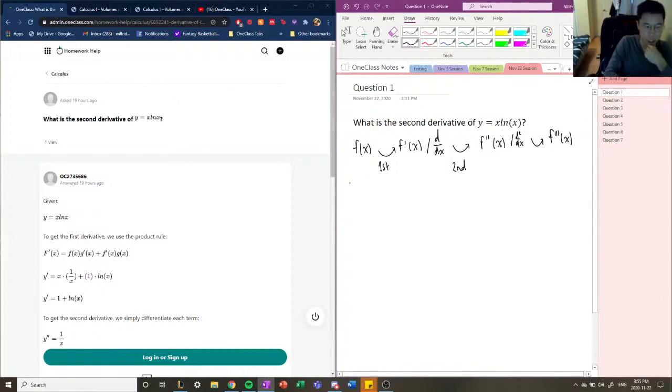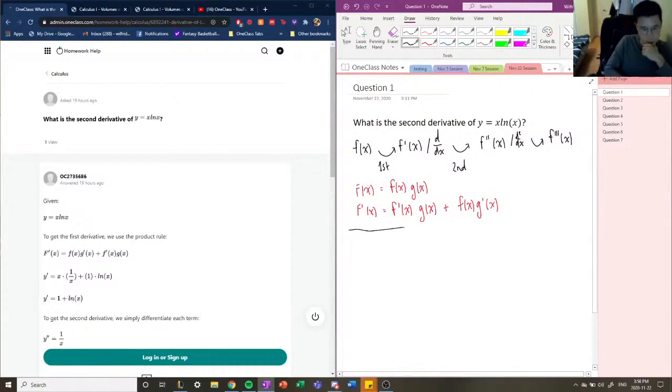The product rule suggests that if f of x equals f of x times g of x, then f prime of x is f prime of x times g of x plus f of x times g prime of x. So we're going to use this product rule to find our first derivative.